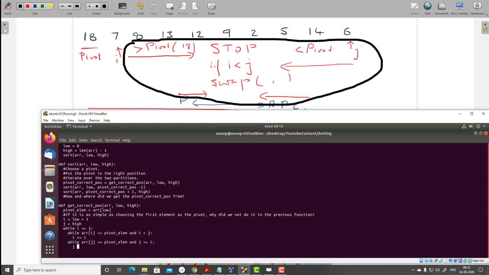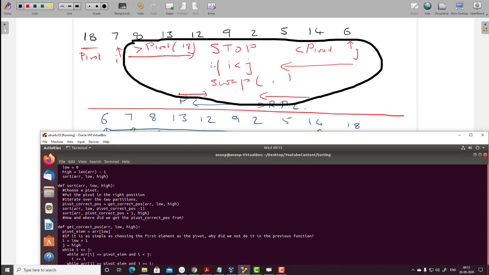And here we have to decrement J. So just to reiterate, in this particular piece of code, when we are traversing from left to right, iterating over elements using the marker I, whenever we hit greater than 18, we stop, or we go till we have not met this condition. And then after we have stopped here, we do the same thing with J, looking for the condition less than the pivot value, right?